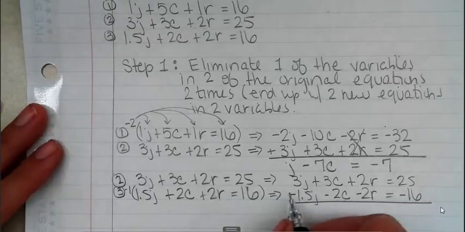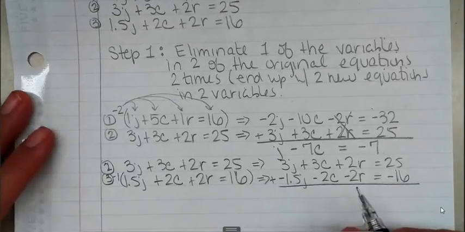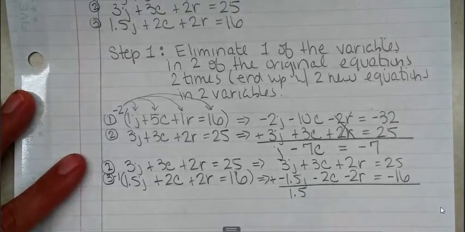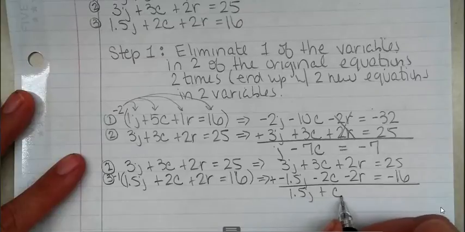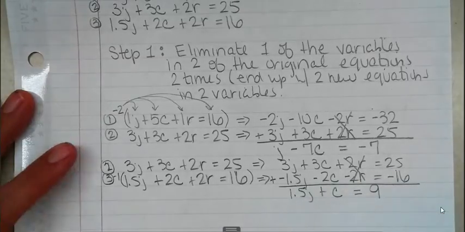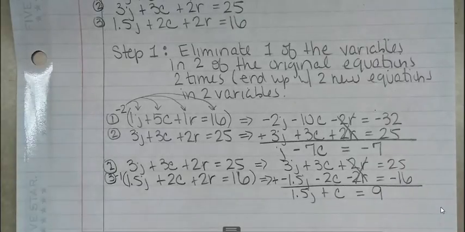When I add those together or combine them, because I'm using linear combinations here, I get 1.5j plus c, the r's are gone, and this would give me 9. Okay, so that's my first step.